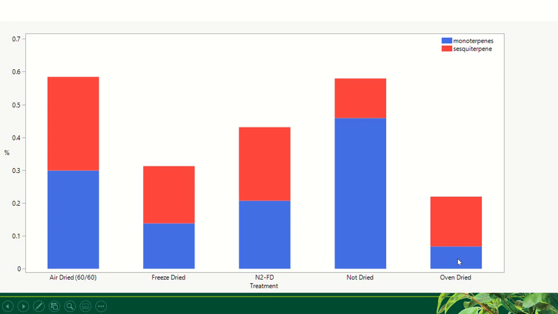We have lost or had a change in terpene from this treatment. And so looking at the other three treatments, which aren't as harsh as far as temperature goes, it stays close to 50-50.